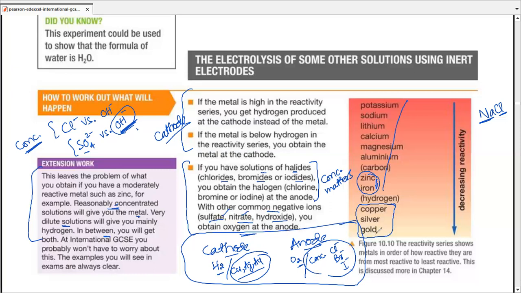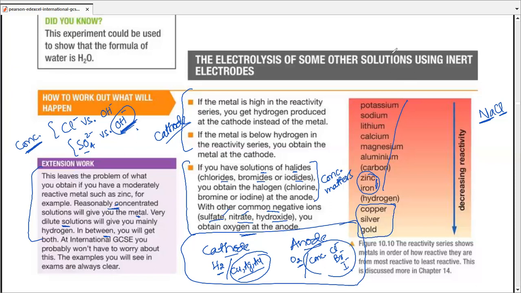And you already know how to write or balance the equations. So whether it's observations, half equations that you're going to write, or the product you're going to get, I think with a little bit of practice, you can get pretty great at it, getting every single question of yours correct.